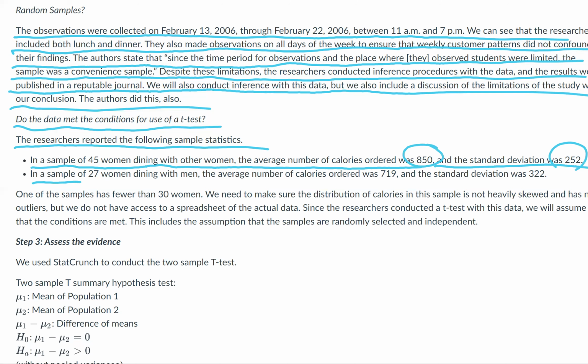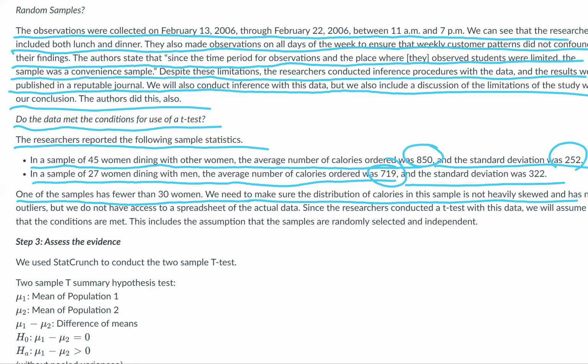In a sample of 27 women dining with men, the average number of calories was 719, and the standard deviation was 322. One of the samples has fewer than 30 women, so we need to make sure that the distribution of calories in the sample is not heavily skewed and has no outliers, but we do not have access to a spreadsheet of the actual data. Since the researchers conducted a t-test with this data, we will assume that the conditions are met. This includes the assumption that samples are randomly selected and independent.